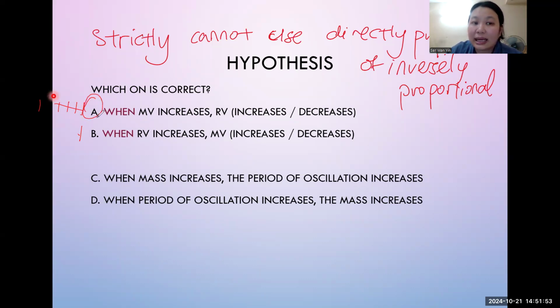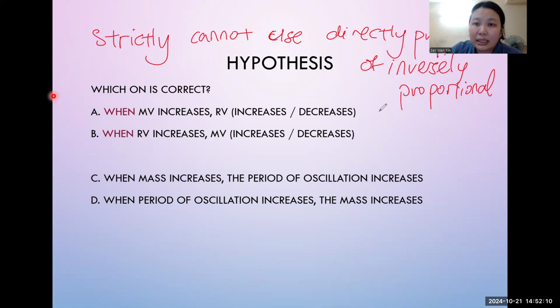The answer is actually A. B is wrong. Why? Because RV means responding variable. Since this one depends on MV, how can it increase when you change this? Cannot.